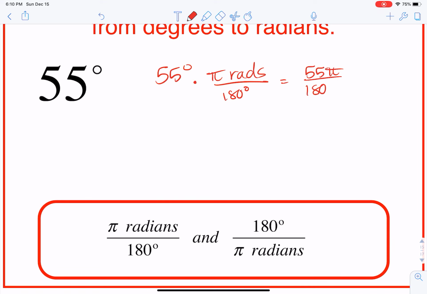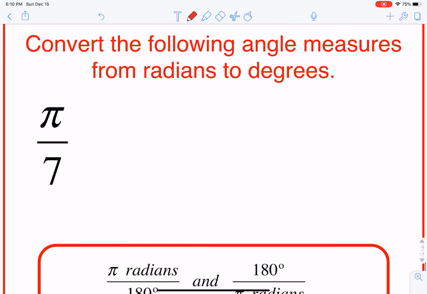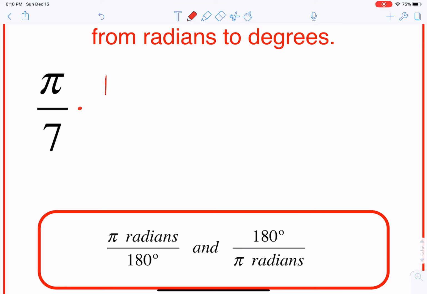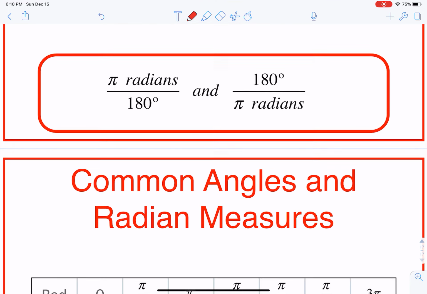And we can simplify this fraction, the 55 over 180, as appropriate. Convert from radians to degrees: pi over 7 times 180 degrees over pi radians. My pi radians will cancel, and I'm left with 180 divided by 7 degrees.